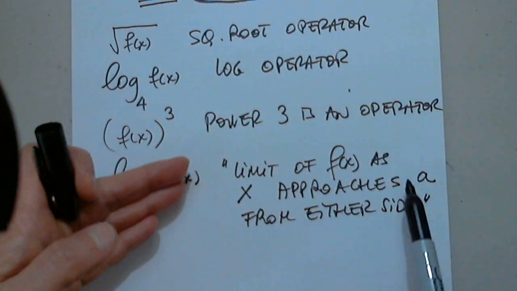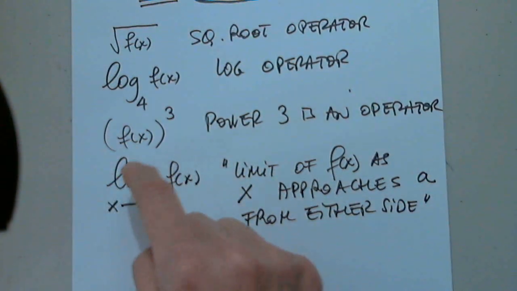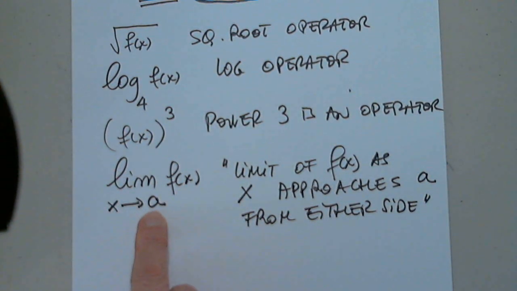Yes, all this is in here. The limit of f of x as x approaches a from either side. There are two other options, from the left and from the right, but this one is from either side.